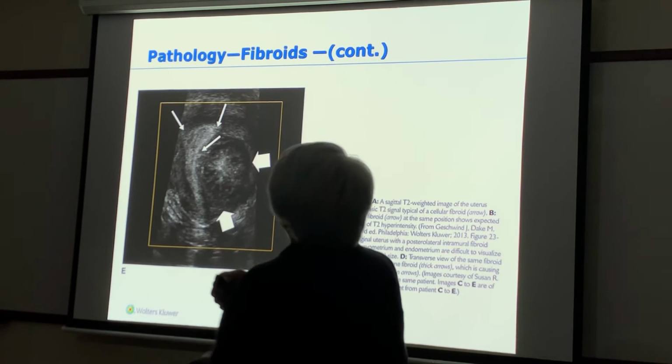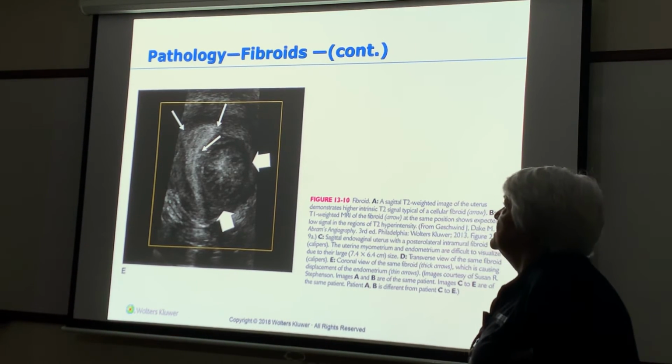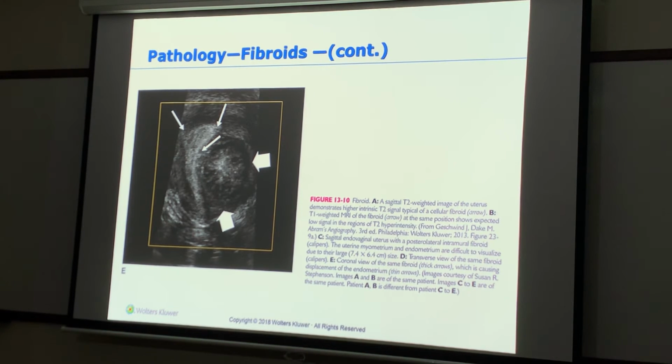Okay, so looking at this image, here is the fibroid. So what are the 3 types of fibroids? Write them down. Subserosal, intramural, submucosal.